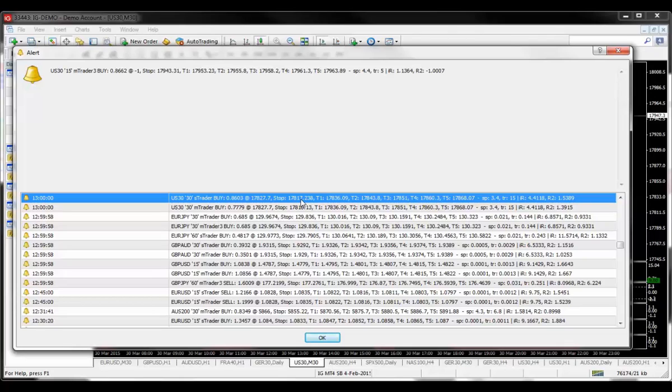These are suggested entries, suggested stops. T1 17836, T2 17843, T3 17851, T4 17860, T5 17868. The spread is 3.4, the trading range is 15.